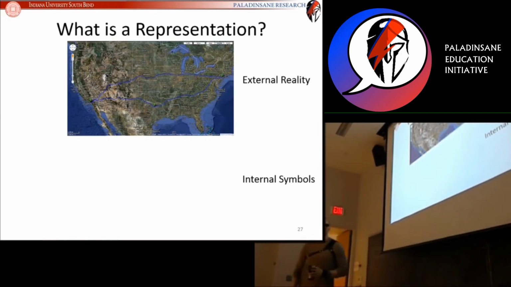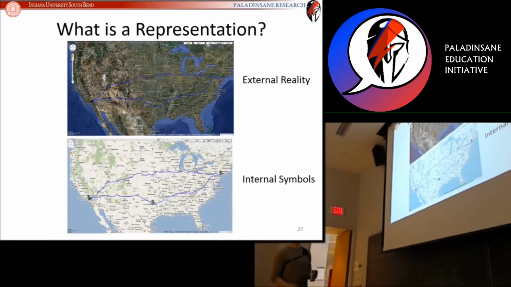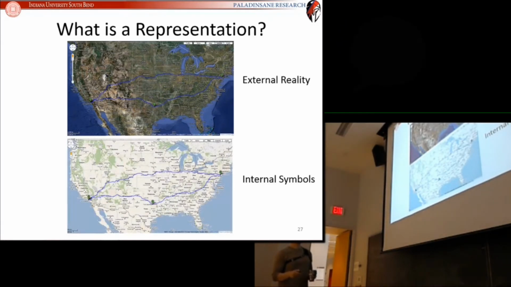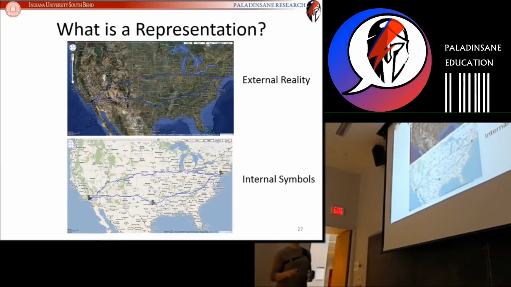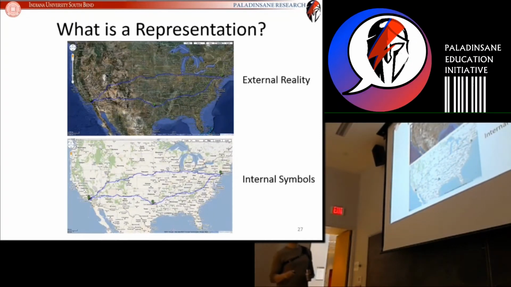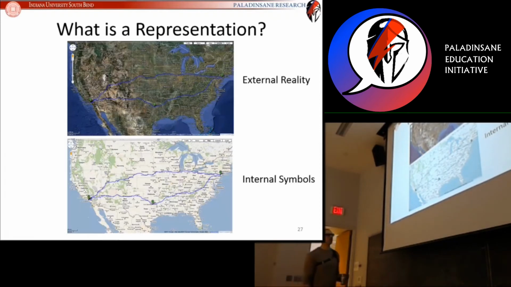So let's say that this is the external reality that we're trying to represent: the orientation and location of different cities in the United States. And here's an internal symbol. Maybe this is the way that your mind represents where Los Angeles is, where Dallas is, and where New York is. Maybe that is the way that it represents distances between Dallas, New York, and Los Angeles.